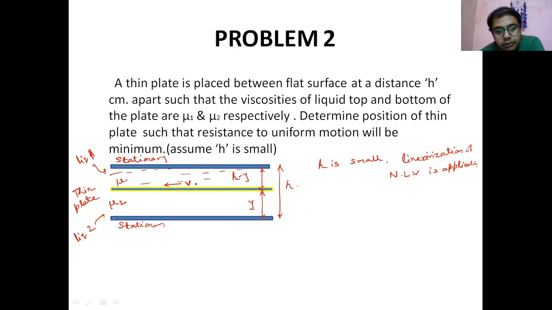Due to liquid 1, we get some shear stress tau 1, which is mu1 V divided by (h minus y), and tau 2 similarly is mu2 V by y. If the contact area is the same for both cases, the forces F1 and F2 will follow.